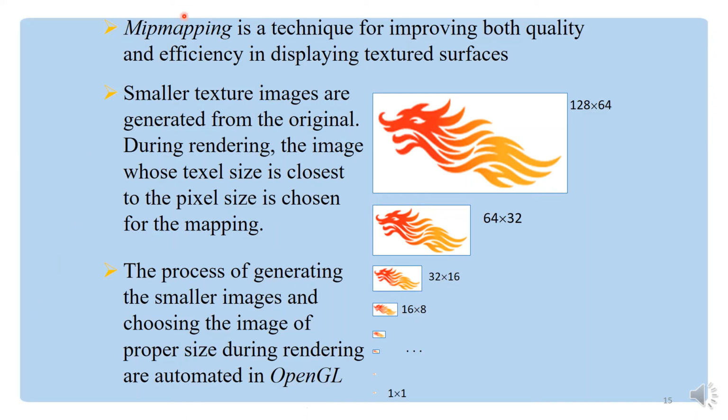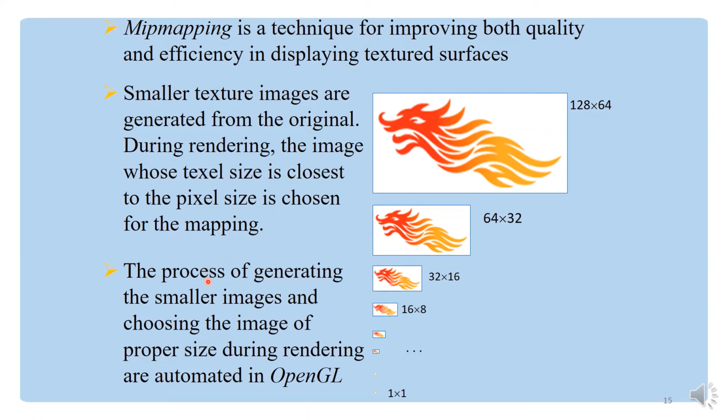By having MIP mapping in OpenGL or in computer graphics, it can improve both quality and efficiency in displaying a textured surface. Smaller texture images are generated from the original, and during the rendering process the image whose texel size is closest to the pixel size is chosen for the mapping.